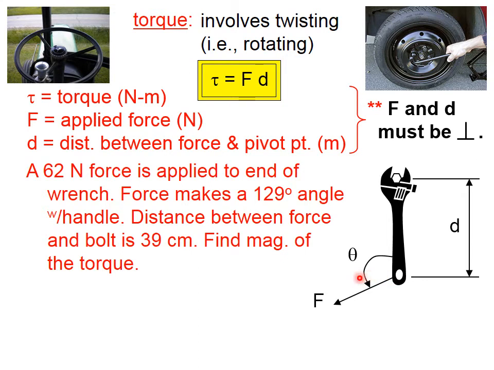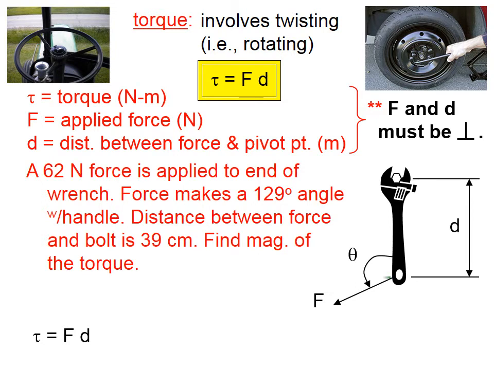If you can imagine this being turned into a right triangle with the force that's shown being the hypotenuse, I've got a horizontal leg and a vertical leg. I need the value of this horizontal leg. And once I have that, that's the F that goes up here in this equation, multiplied by my lever arm, and then we're done.